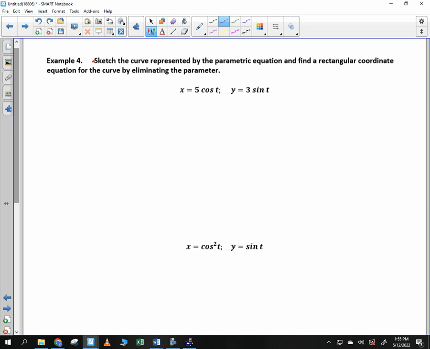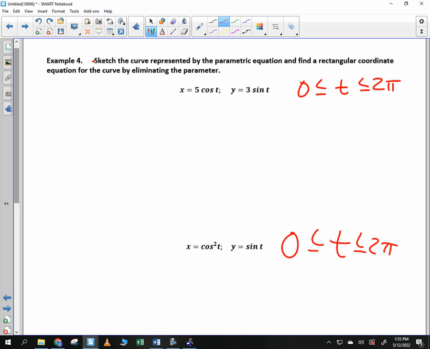What I want you to do is plug in these. We're going to go from 0 to 2 pi. I would like you to graph them and describe the shape that you get. Try taking both of those, graphing them, and describing the shape.